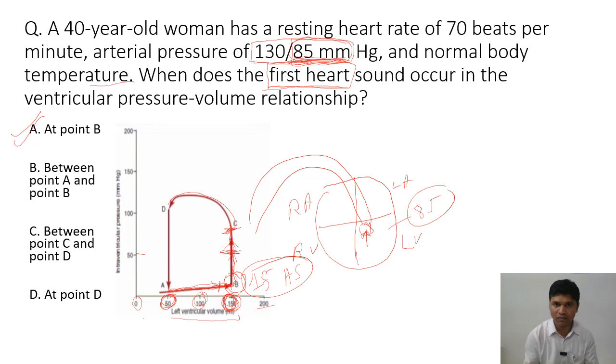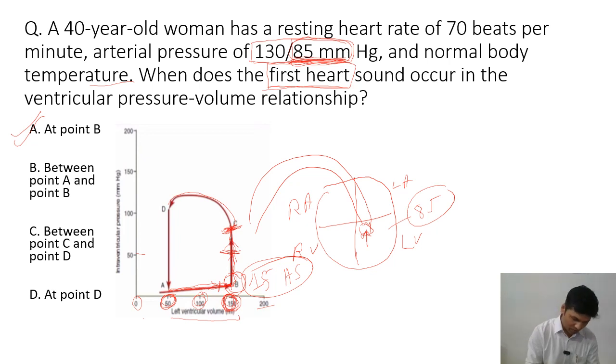That we'll discuss in the lecture video. But here just understand this 85 millimeter pressure in the aorta must be exceeded. So suppose this is 85 millimeter mercury, and then it exceeds, suppose 86, more than 85.